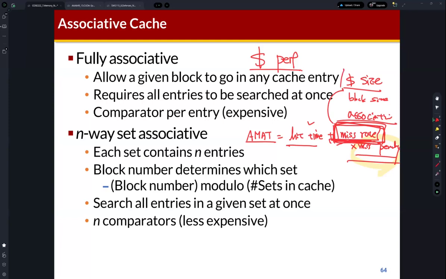We learned about the cache size and block size, but we have not learned about the cache associativity. So now we will learn about the associative cache.